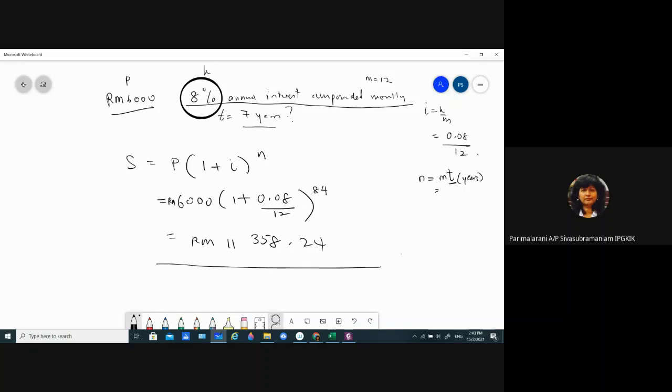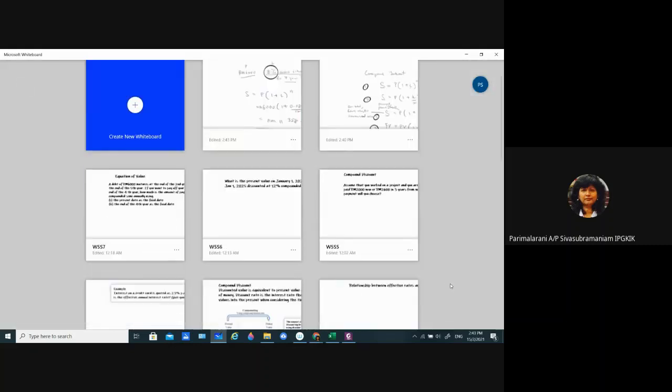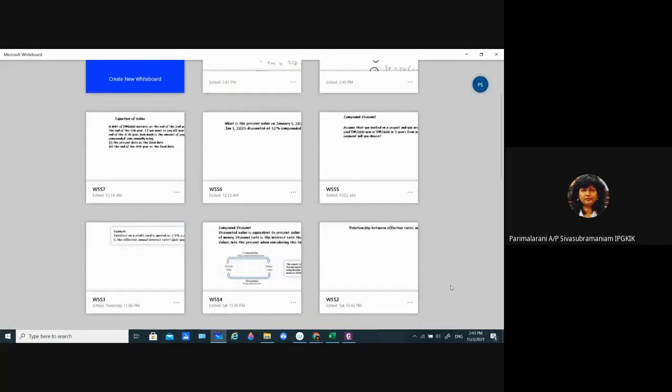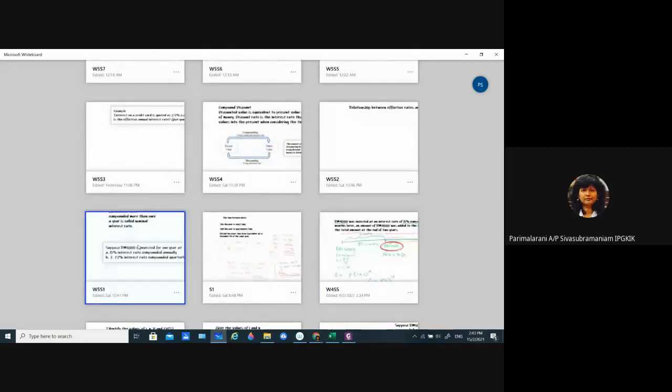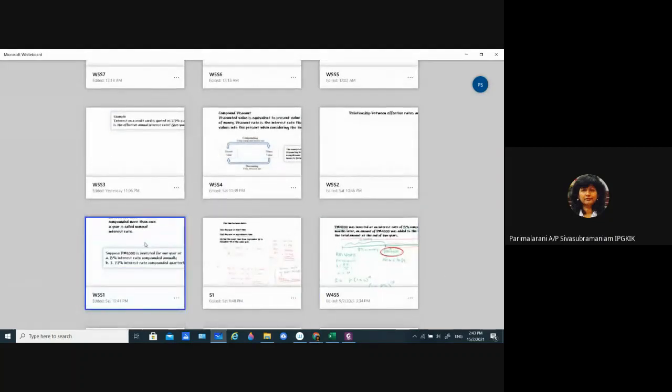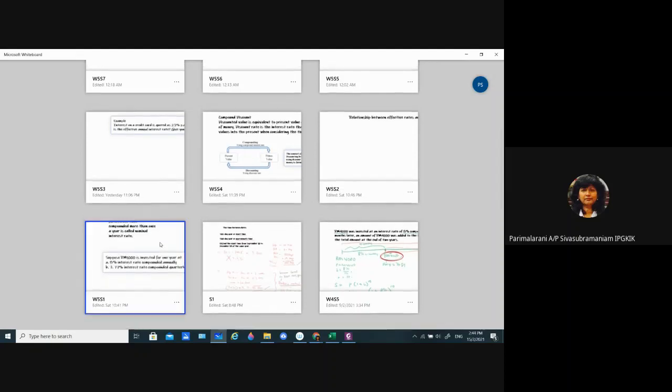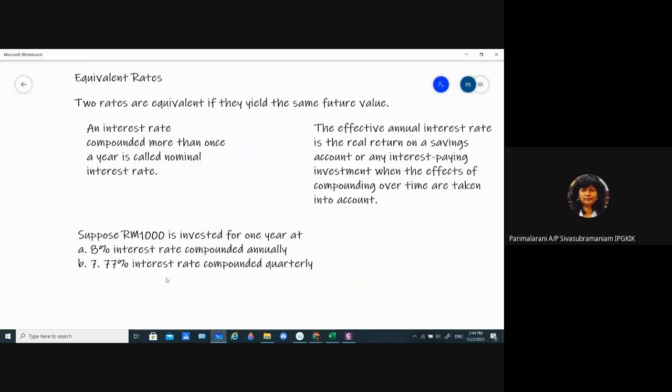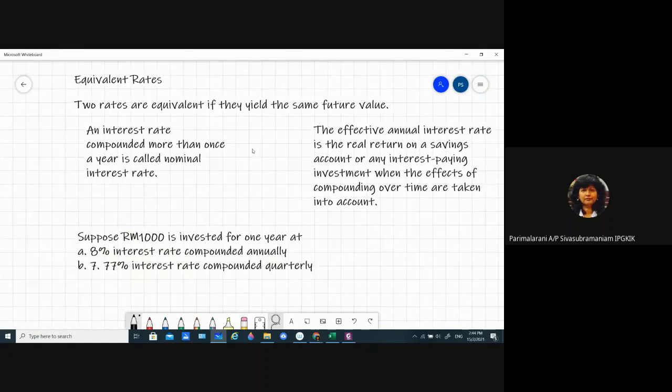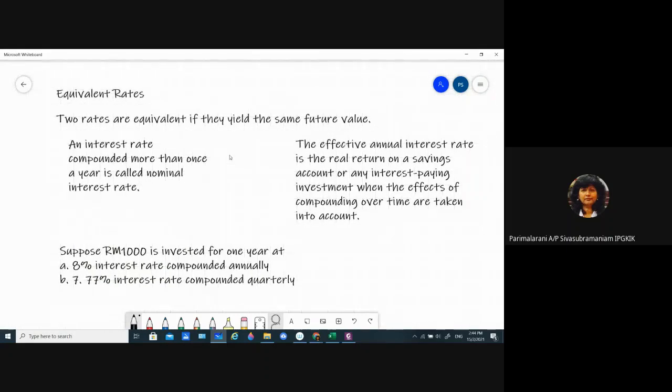Okay, so now we're going on to equivalent rates. We already know how to calculate compound interest.